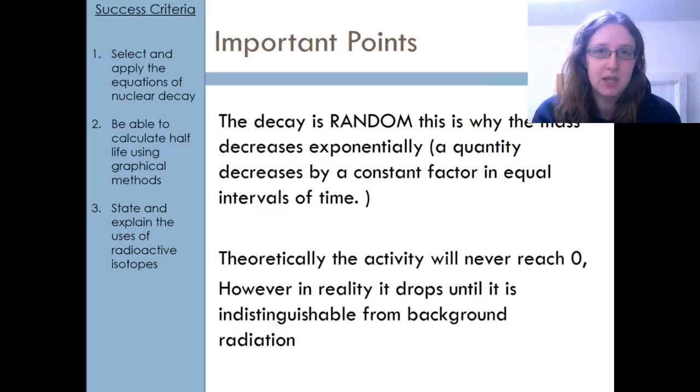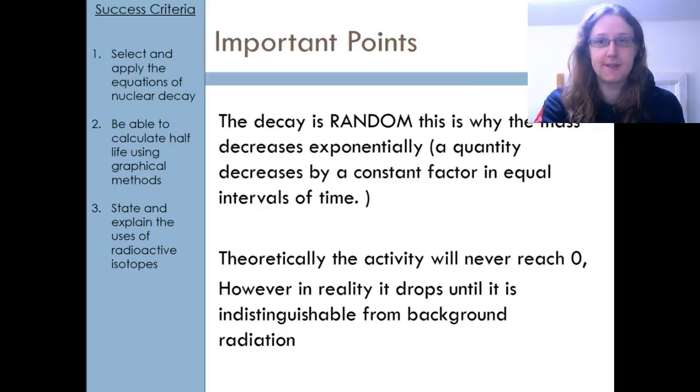The other term that we use to describe radioactivity is spontaneous, and spontaneous just means that it happens without outside influence. So I can't make something decay radioactively. It's going to happen when it wants to happen. Those are the two terms that we would use to describe radioactive decay.